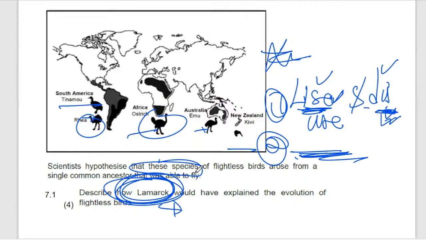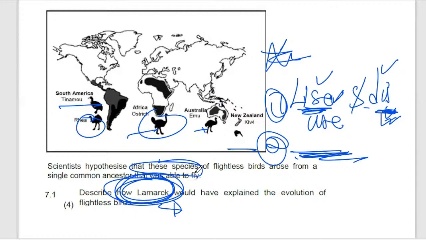Don't just say that there's not enough evidence to support the theory. How? Which evidence? It's too broad. So we won't give you a tick. But when we are writing it in the book, we say that organisms don't evolve because they want to. But now which organisms? In this case, we are talking about the flightless birds. They may be talking about the elephants I mentioned.